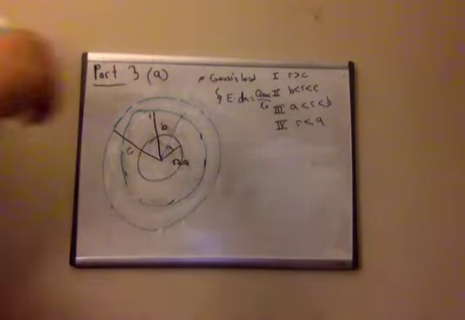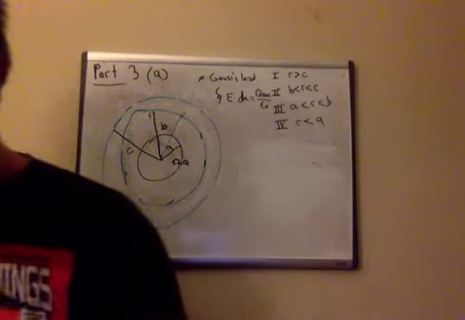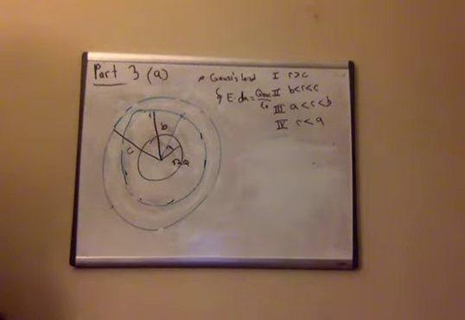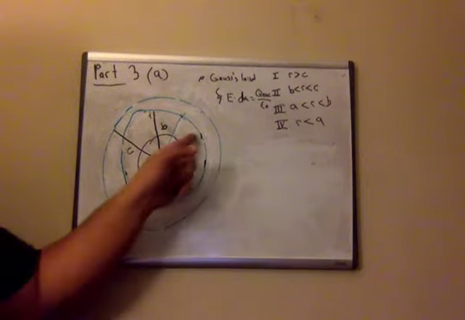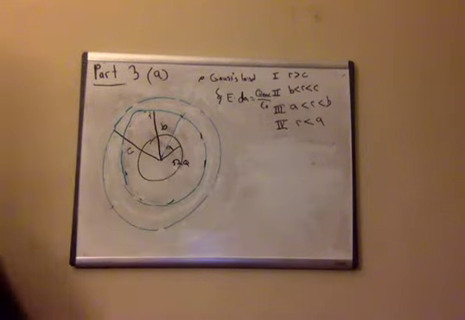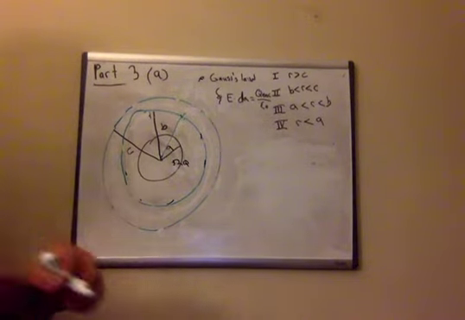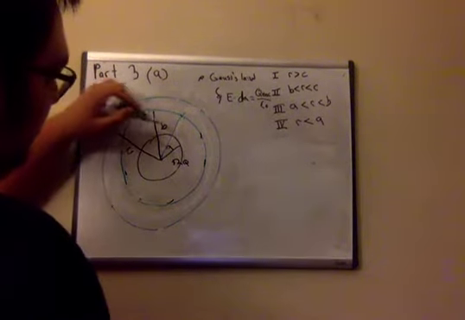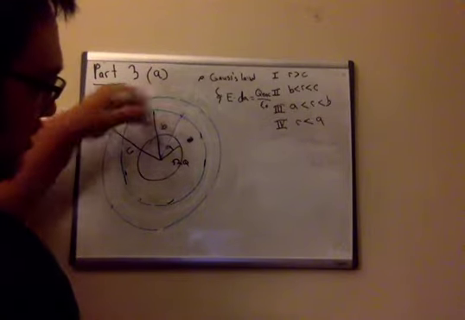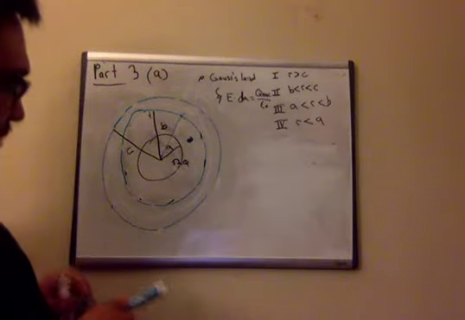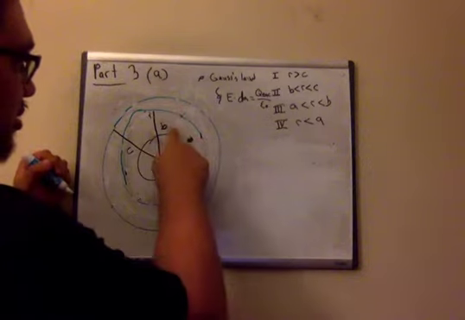Goodness gracious. Okay, so now for part 3, we're thinking outside of this inner sphere, but inside. Same thing: we're going to use our Gaussian surface. Let's say a point here, and we want radius r.